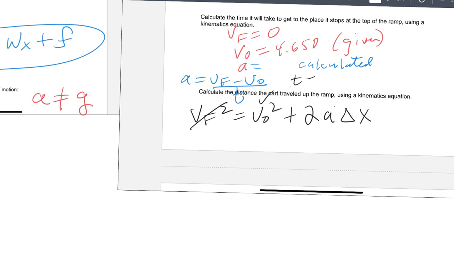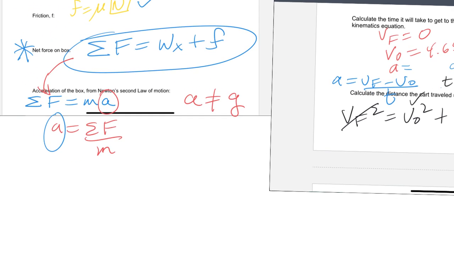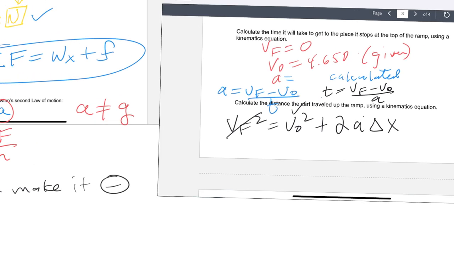So t equals Vf minus Vo divided by A. Now, the denominator is going to be negative because he's slowing down, for the reason I just told you. You're slowing down and you're going positive. So this A that you solved over here, you have to make negative, because when you do kinematics, it matters.